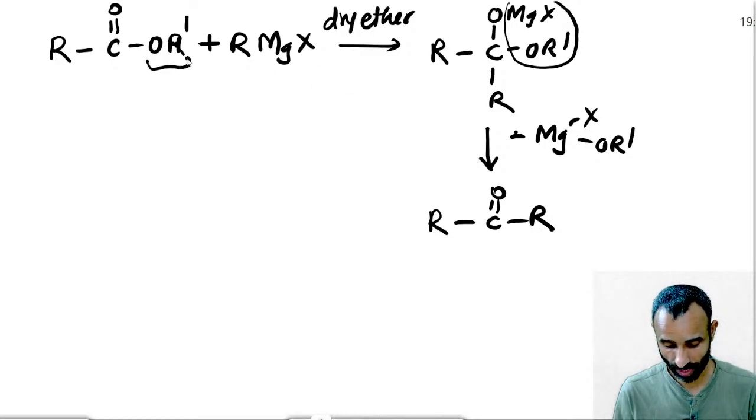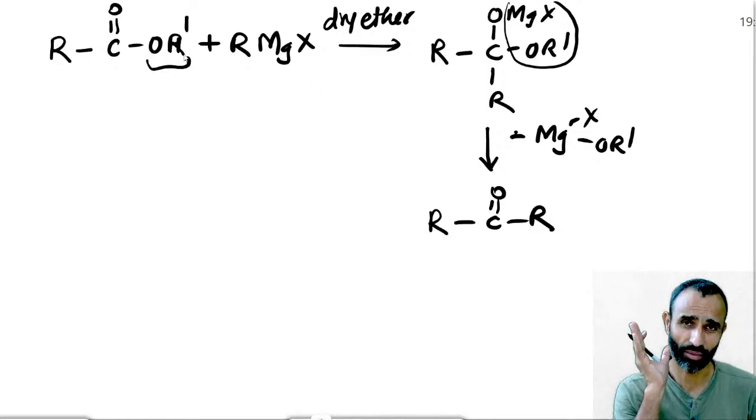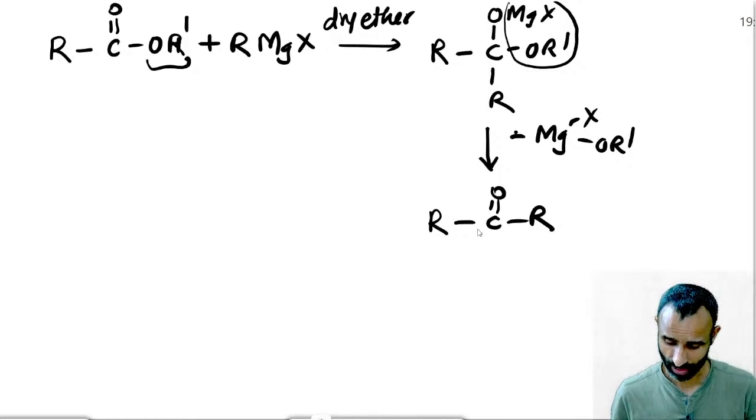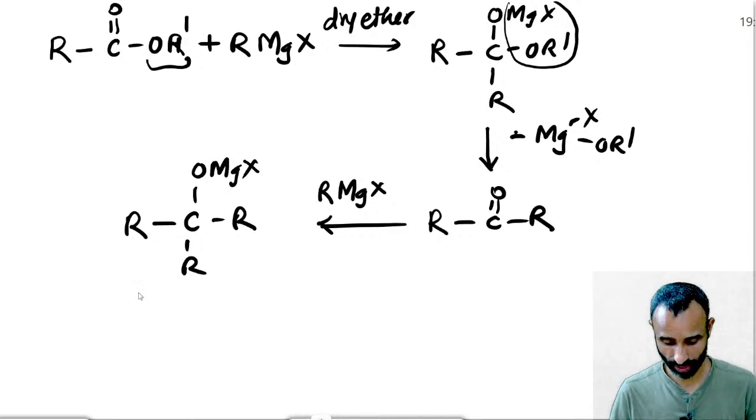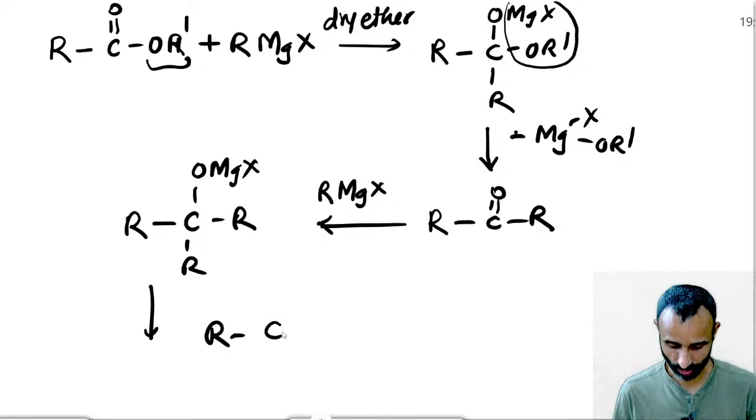With any acid derivative we get ketone, and then further reaction takes place, just like the other reaction. Ketone reacts further, so we get tertiary alcohol.